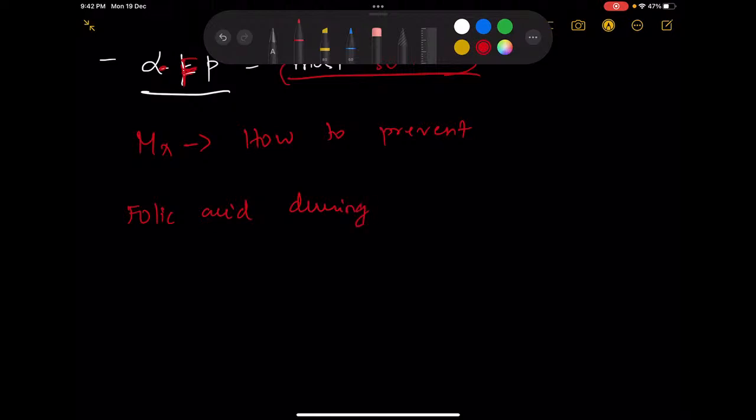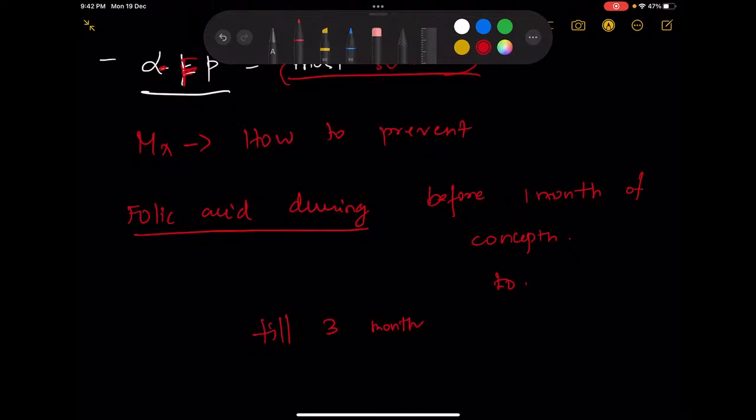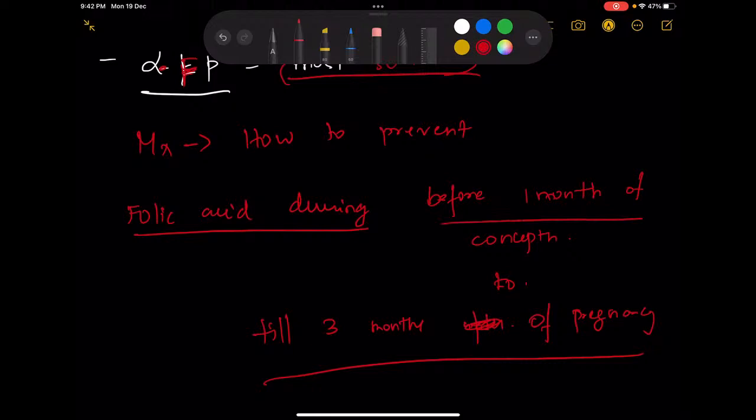We give folic acid starting 1 month before conception till 3 months of pregnancy. So from the first month before conception to 3 months of pregnancy it is given.